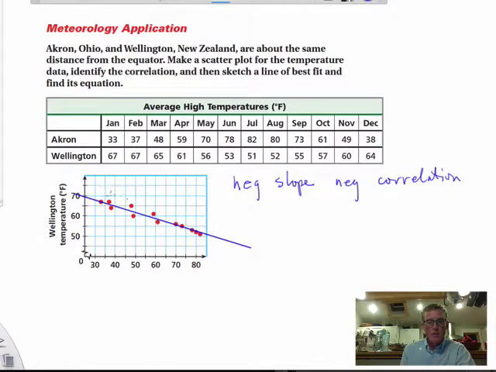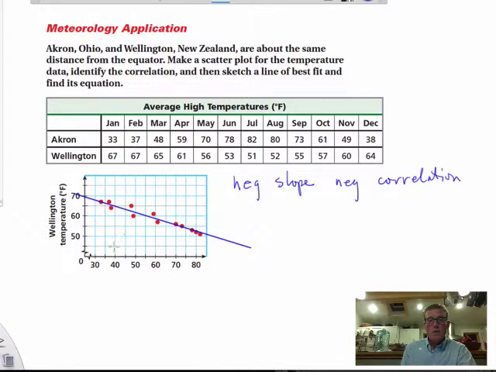In other words, there's 1, 2, 3, 4, 5 points on the upside, and then 1, 2, 3, 4, 5 points on the bottom side, give or take a little bit, but that's about what we're shooting for. Okay, so let's get rid of these numbers. And then I'm going to take 2 points, and they don't necessarily have to be specifically of the data set. They just have to be somewhere on the line.